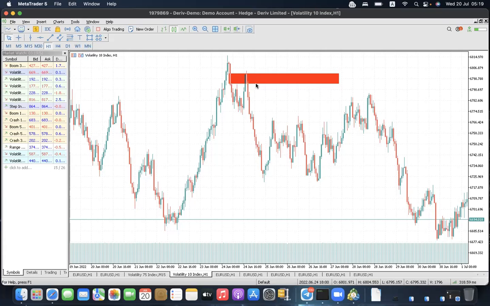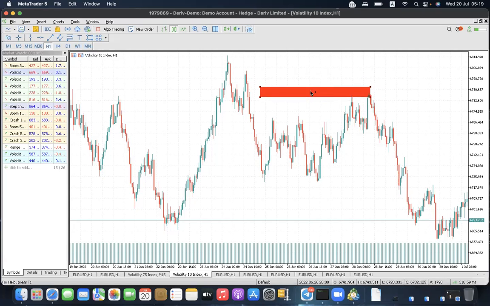Again, it gave us another imbalance here. As you can see from here to here, there was another imbalance. So when you mark that area, price came back, tried to tap that point and fell.